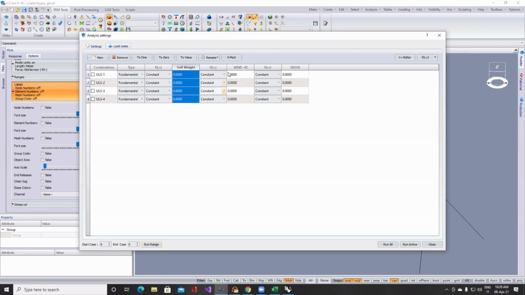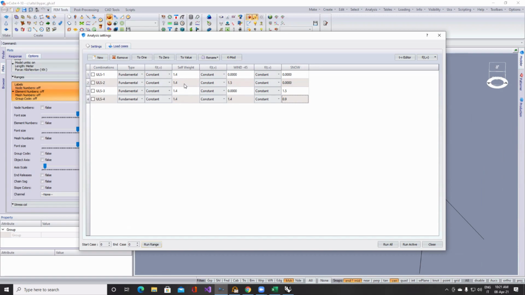The self weight 1.4, and then the wind load here 1.5, the snow load 1.5, and then maybe here 1.4, 0.9. So these are the load scenarios.